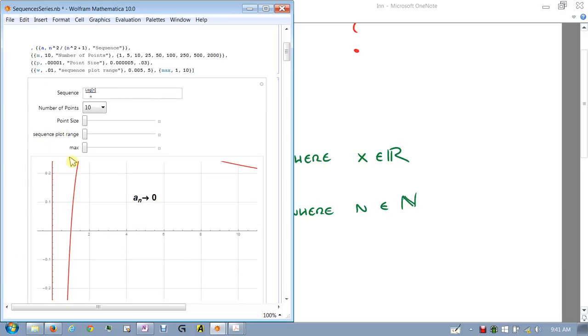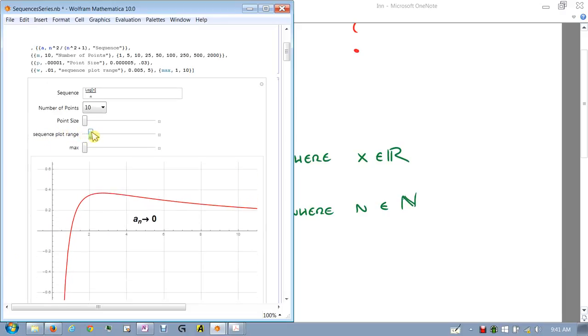There we go. So this is the graph in red of the natural log of x over x. It's a nice continuous function, nice and smooth.